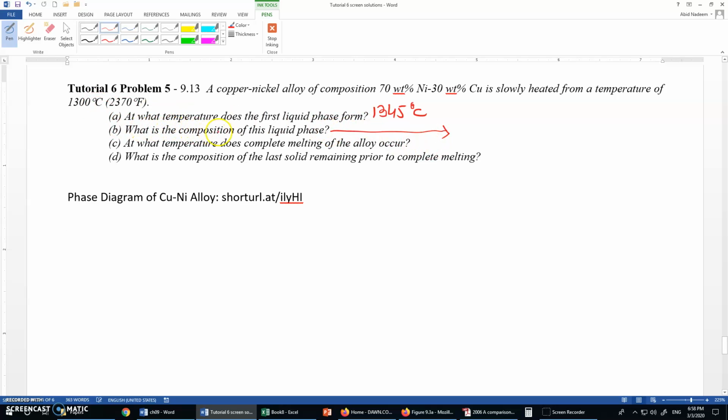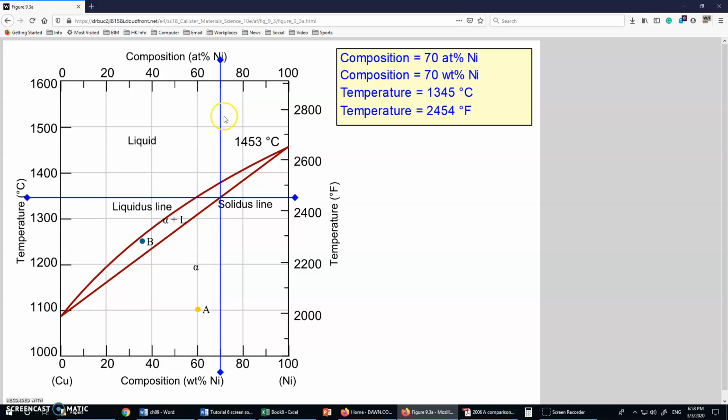Okay, so what is this question? What is the composition of this liquid phase? Okay, so the composition of the liquid phase we can also see from this phase diagram. So composition of this liquid phase will correspond to this point. Okay, so what is the composition of this? It's about 60%, as we can see from here.